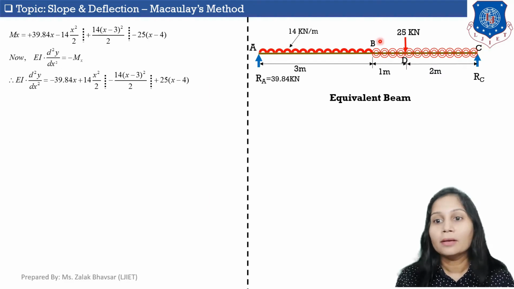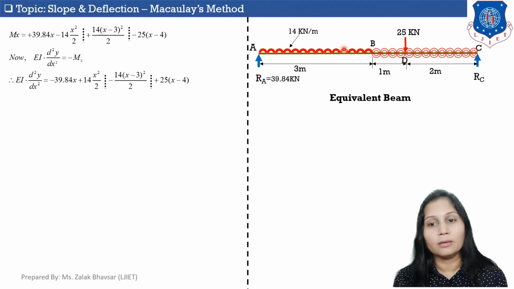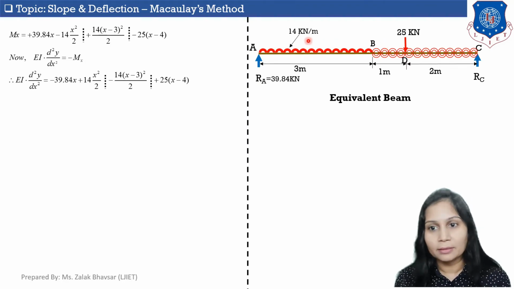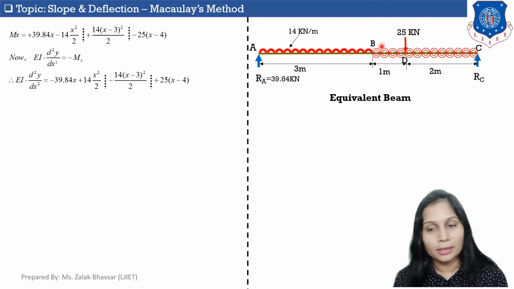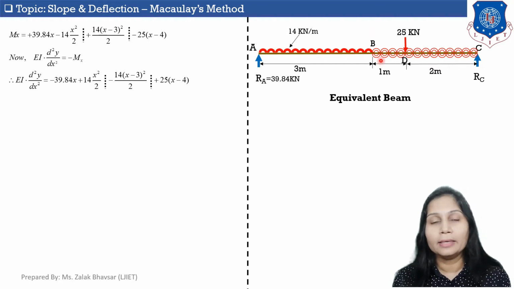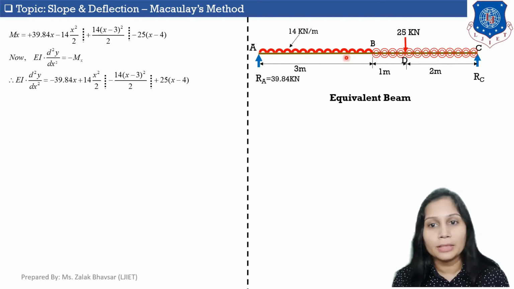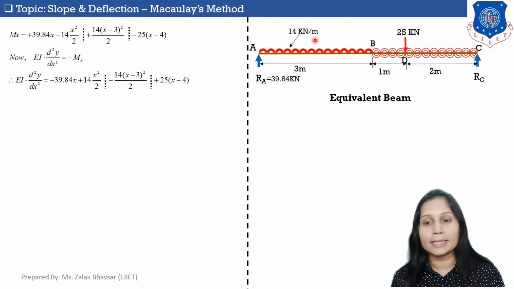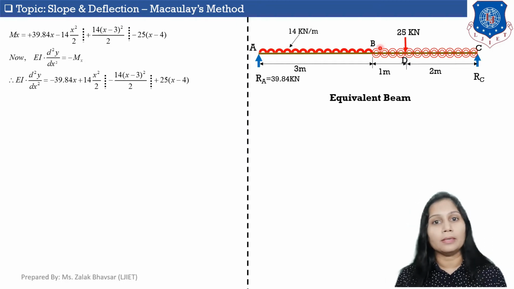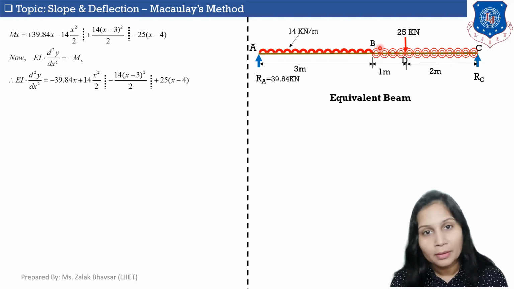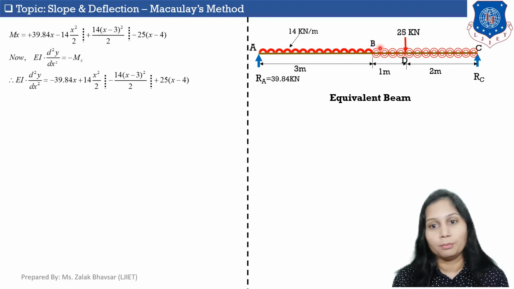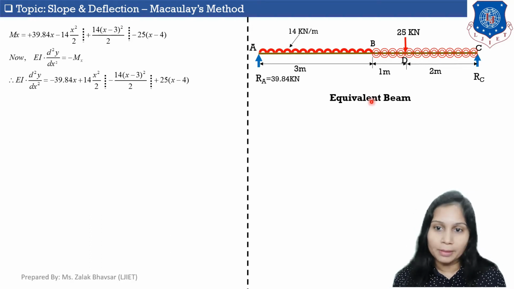It means that between point B and C, I am adding one UDL of 14 kilonewton per meter acting in a downward direction, and another UDL of 14 kilonewton per meter acting in an upward direction. So ultimately both will nullify their effect and the beam will be the same as the actual beam, but this kind of beam is called an equivalent beam.